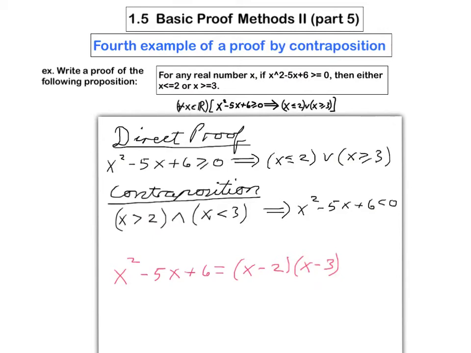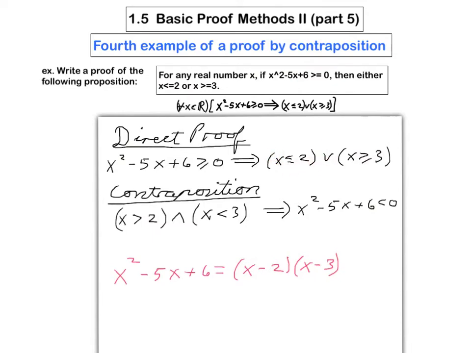If both of them are bigger than or equal to 0, you'd have to convince yourself that that implies that x is bigger than or equal to 3, which gives you this case. And if both of them are less than or equal to 0, you'd have to convince yourself that that implies that x is less than or equal to 2, which would give you this one.